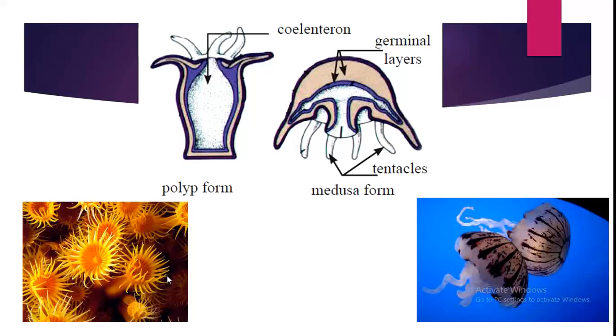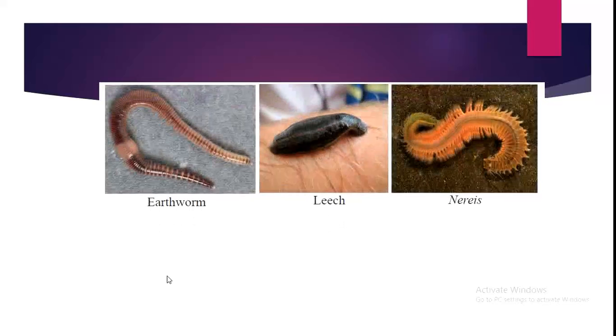Then we are moving on to the next phylum, that is phylum Annelida. These are the examples: the earthworm, leech, and nereis.